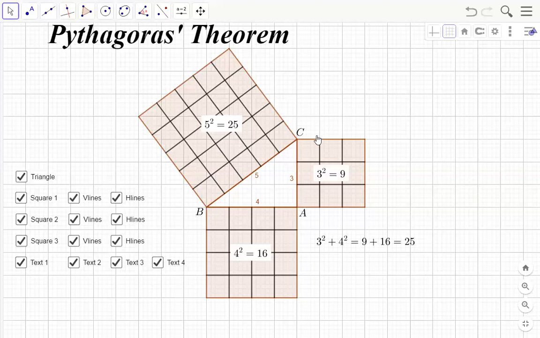What you've done here is true for all right-angled triangles. The square of the hypotenuse, which is the longest side of a right-angled triangle, is equal to the sum of the squares of the other two sides. All right, so this is what gave birth to the Pythagoras Theorem.